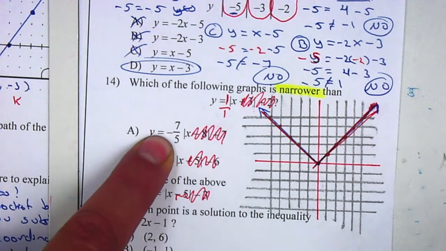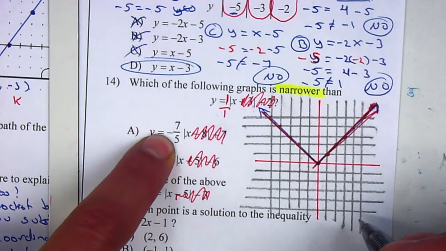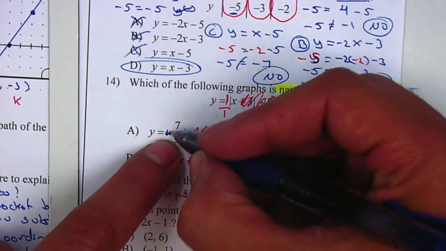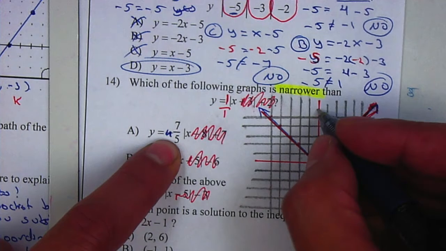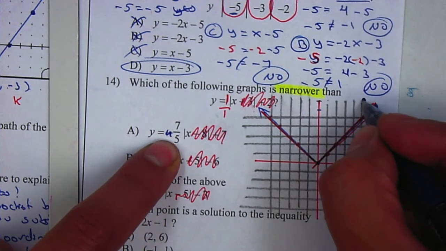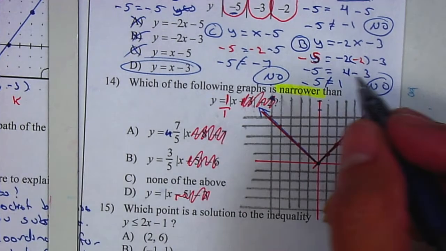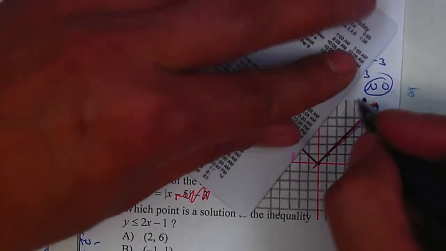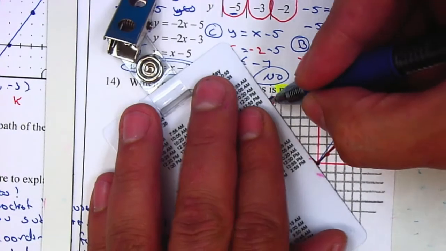The fact is negative, I don't want to graph it down because it's not going to help me compare. I'm going to assume that's positive. I'm going to go up 7, 1, 2, 3, 4, 5, 6, 7, and to the right 5, 1, 2, 3, 4, 5, and to the left 5, 1, 2, 3, 4, 5. Is that one narrower? As you guys can see, that one is narrower.